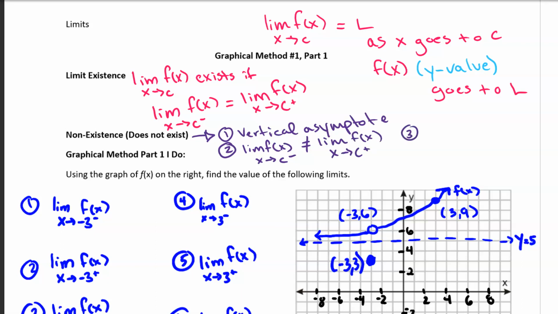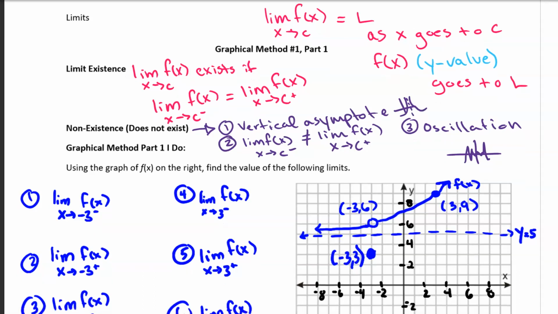And our third one was if we've got extreme oscillation. So that would be like we're bouncing all over the place. And vertical asymptote, right, you guys are familiar with that.